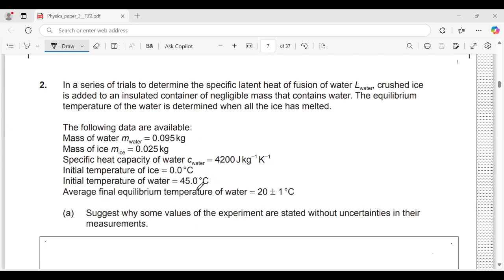Average final equilibrium temperature of water 20 plus or minus 1 degrees Celsius. The 1 degree Celsius is the uncertainty in the change of water temperature. Suggest why some final results of the experiment are stated without uncertainties in their measurements.